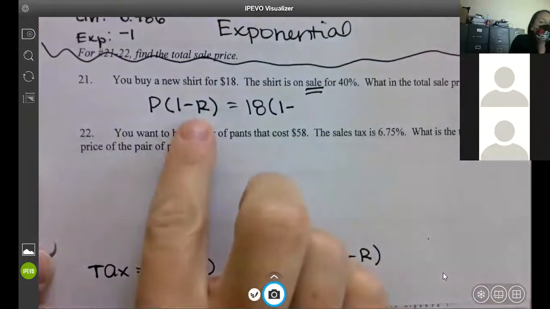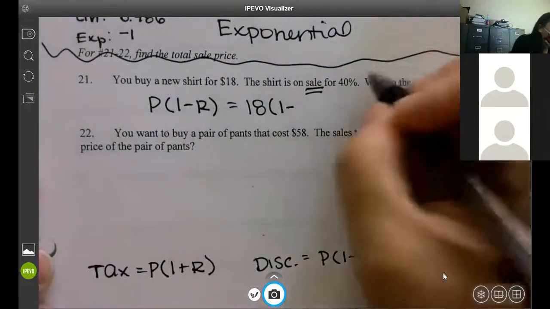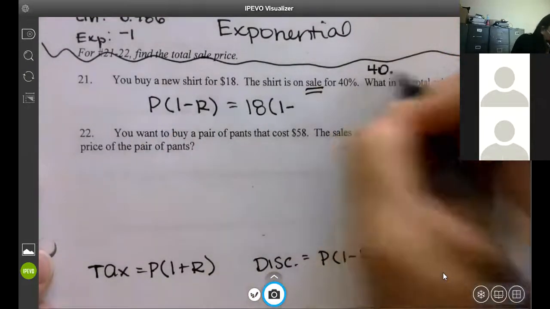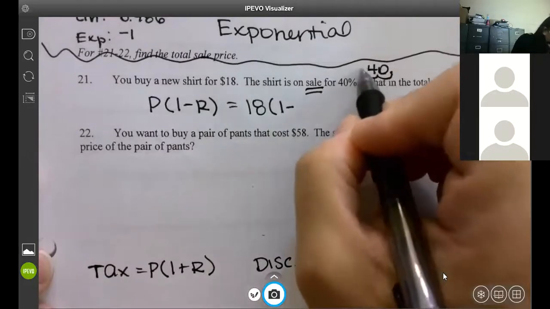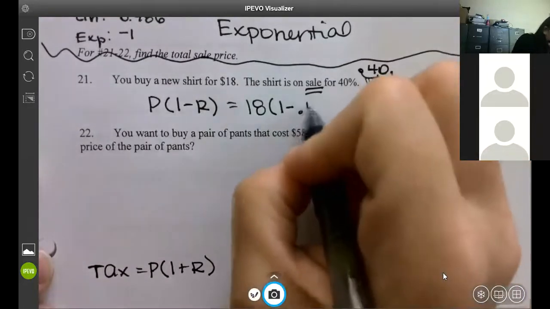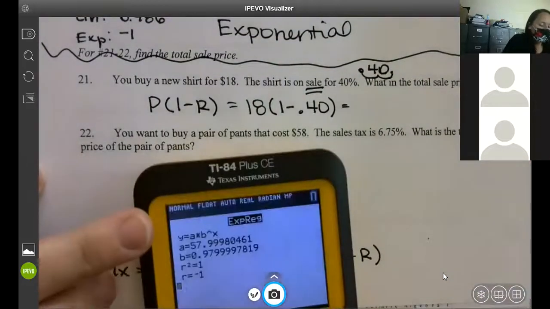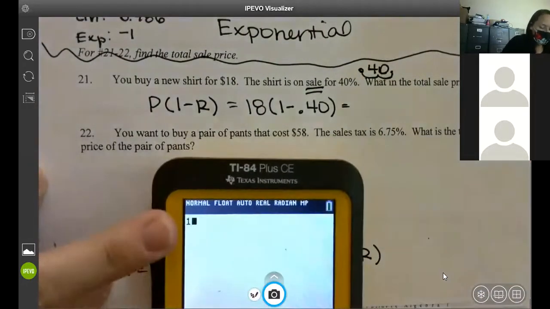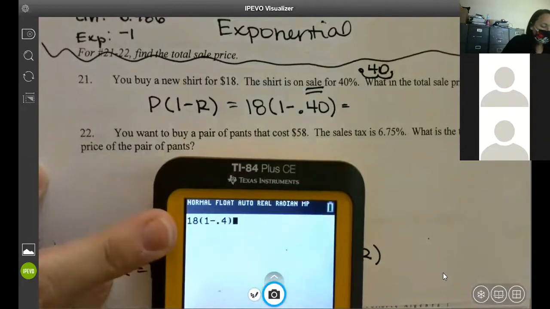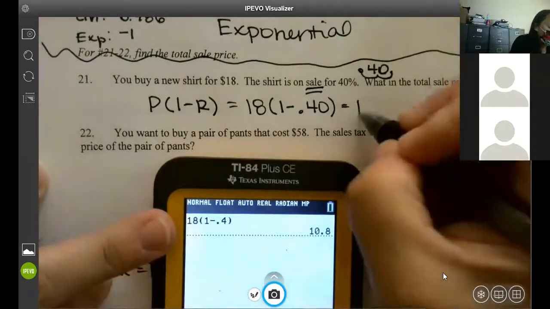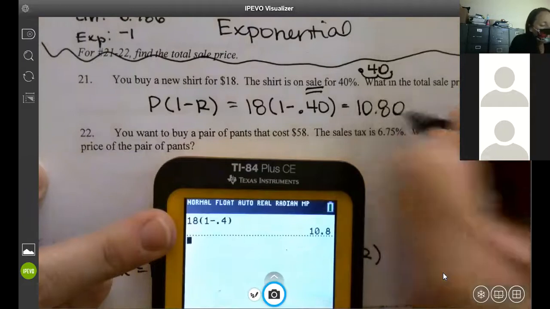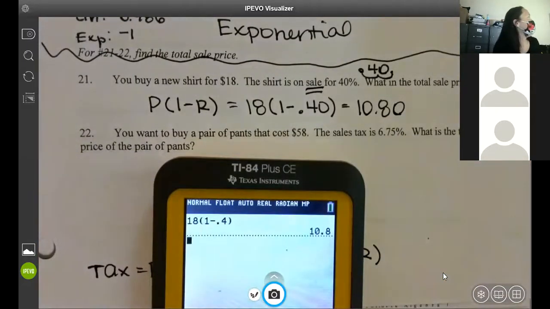Remember, we got to change the R to a decimal. So right now it's 40. I move the decimal 2 places back, and I get 0.40. Put that in your calculator. 18 times 1 minus 0.4. And I get that the shirt was $10.80. Y'all, that's it. Put it in your calculator.